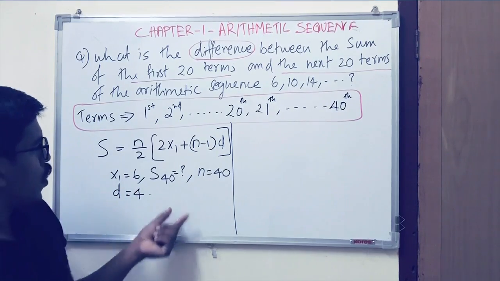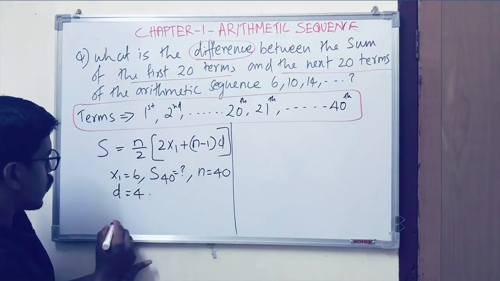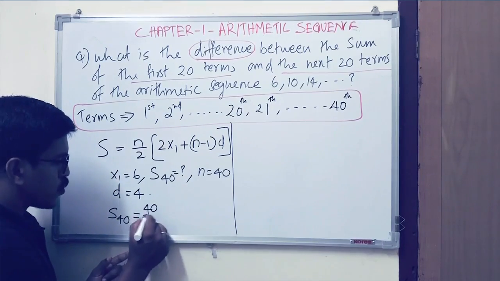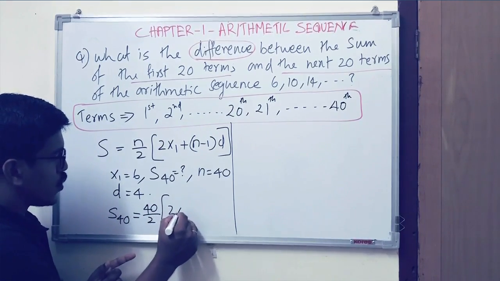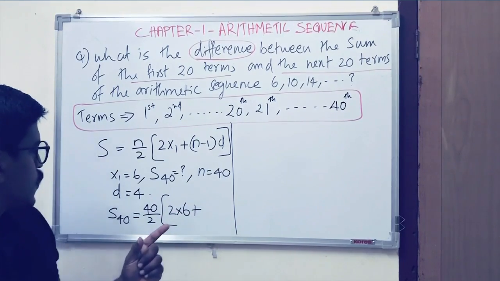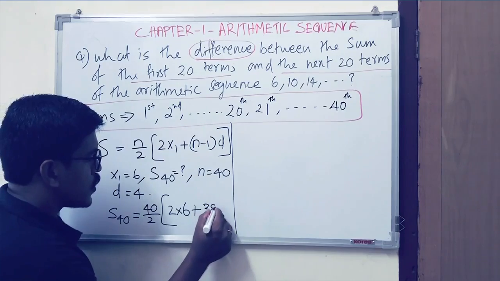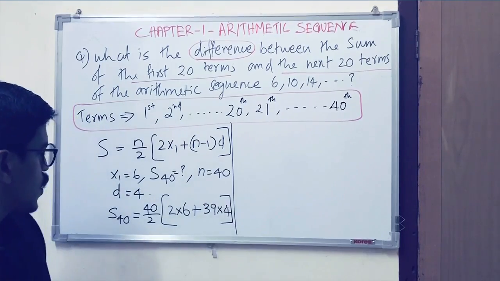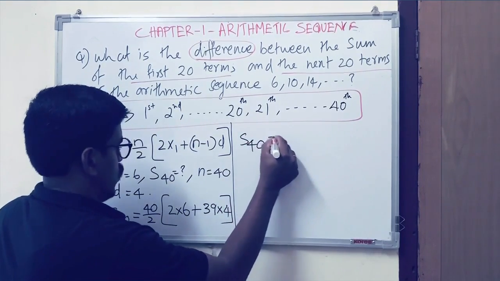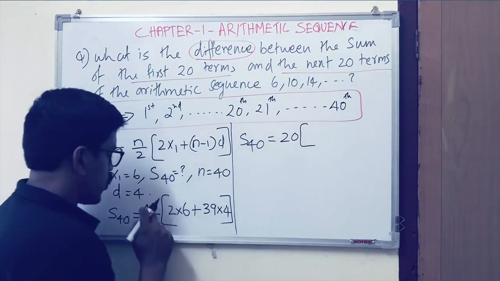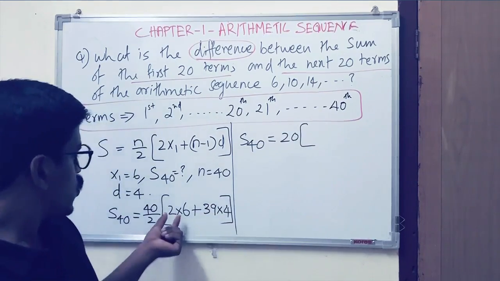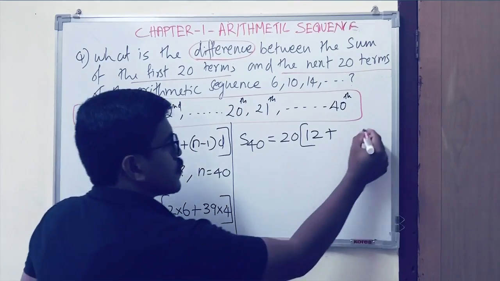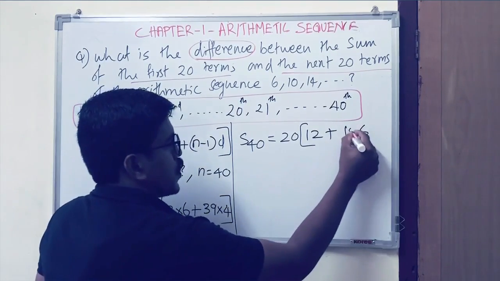Now we can apply all these details in this equation. S40 is equal to n by 2, that is 40 by 2, into 2 into 6 plus 40 minus 1, that is 39, into 4. That is S40 is equal to 20, since 40 by 2 is 20, into 2 into 6, that is 12, plus 39 into 4, that is 156.